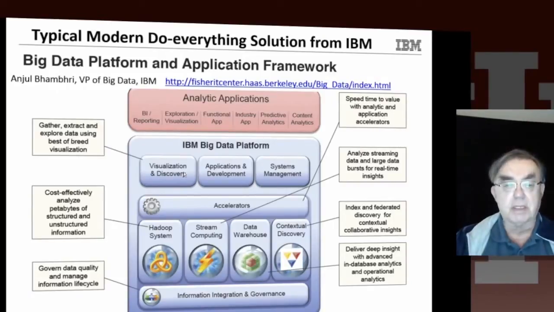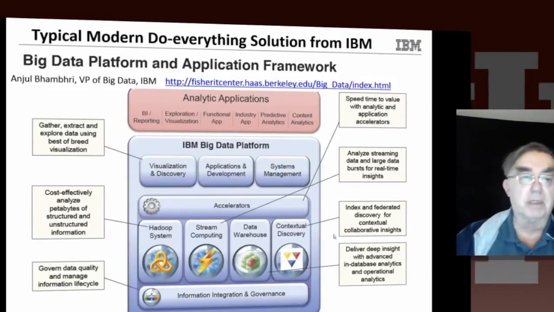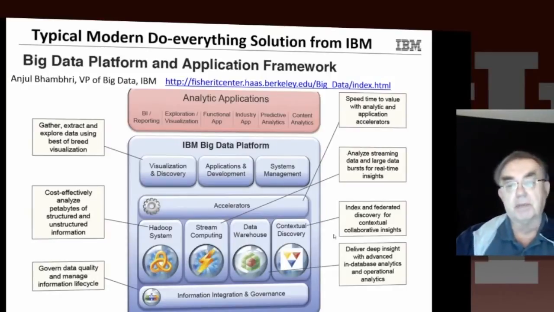In this world we live in, simplicity is sometimes good, and these do-everything applications, which is sort of what the bigger companies probably must offer so they can help anybody, may or may not be as attractive for a given small company trying to solve a very particular problem. It might be better to hire a bright young student, bring up a Hadoop, and then chug away.